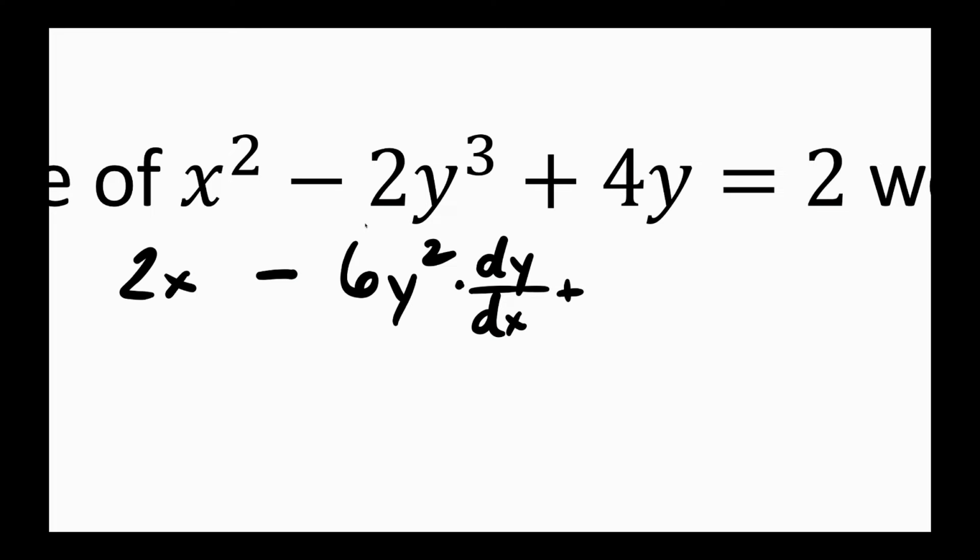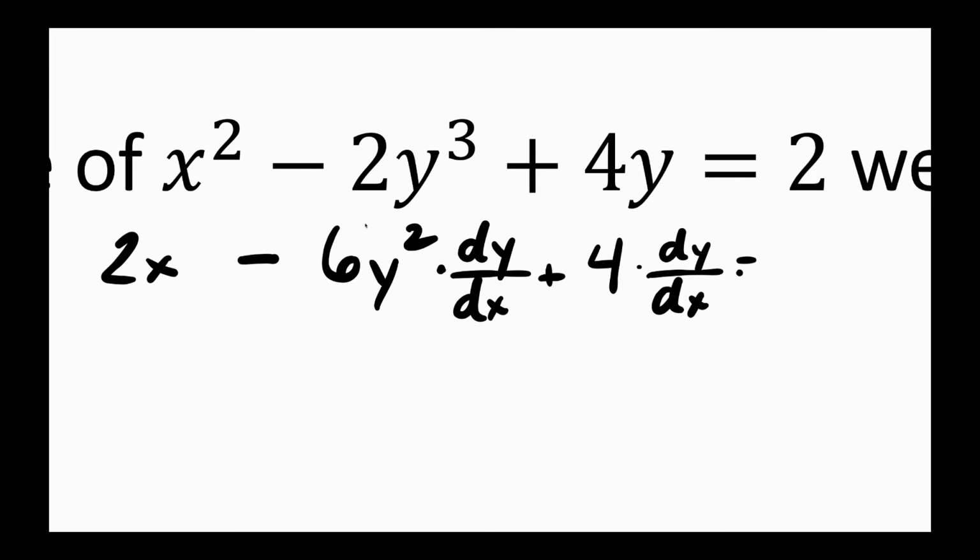Plus this term here, what do you think the derivative of this guy is going to be? Just regular old 4, yep. But it's got to have a tag with it because I found the derivative of y. Equals 2. What's the derivative of 2? 0. Doesn't have a y with it, so I just put a 0.